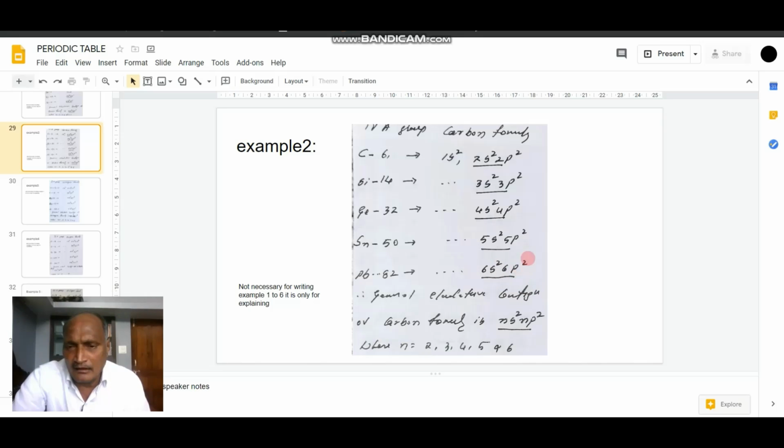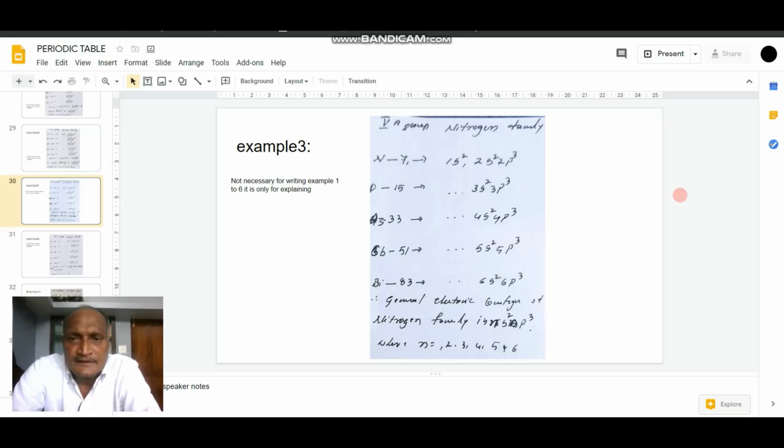That is, in all these elements, 2 electrons are entering into 2p subshell, or in 3p, or in 4p, or in 5p, or in 6p subshell as p2. So the general electronic configuration of carbon family can be represented as ns2 np2, where n equal to 2 to 6.